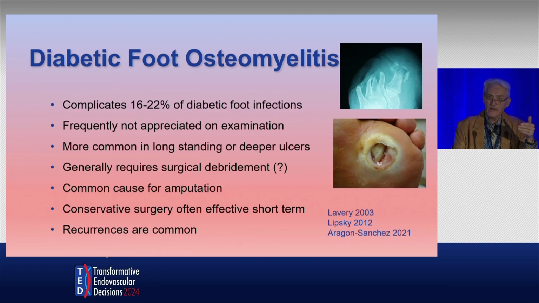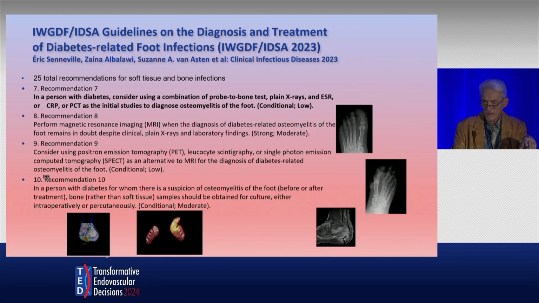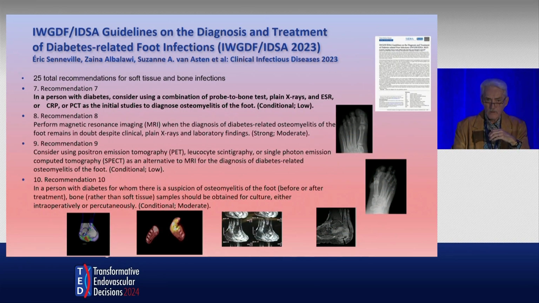I think diabetic foot osteomyelitis is different than osteomyelitis of long bones in non-diabetic patients. Because of neuropathy, peripheral arterial disease, and immune compromise, it makes it a little bit more difficult in this regard.